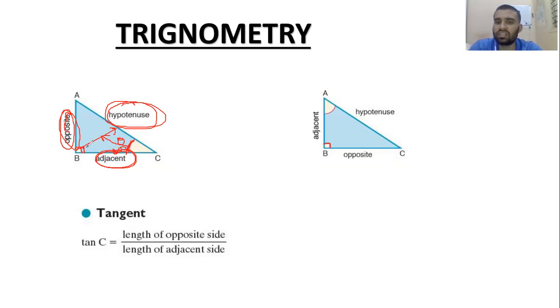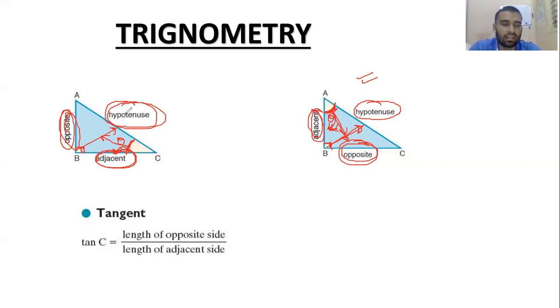Now, for example, let's consider this triangle. In this triangle, we have considered this theta. So the side opposite to theta would be our opposite side, the side next to theta would be our adjacent, and opposite to the 90 degree is our hypotenuse. This is always fixed: opposite to 90, you have the hypotenuse; opposite to the angle, you have the opposite; and next to the angle, you have the adjacent.